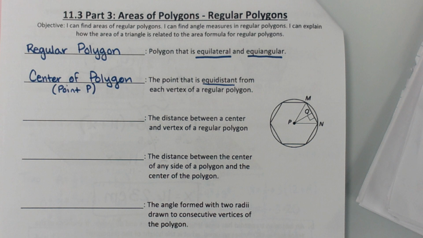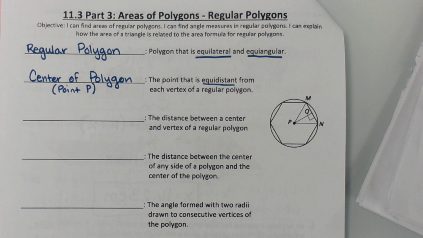Now the reason that this hexagon is hanging out inside of a circle is because of the next term. When it comes to these polygons, the distance from the center to the corner, to the vertex of the polygon, would be the exact same as the distance from the center of the circle to the edge of the circle if it was stuck inside of a circle.